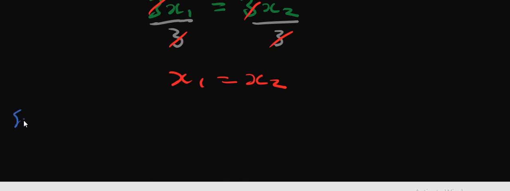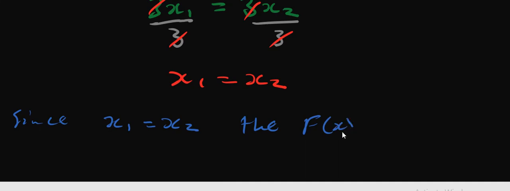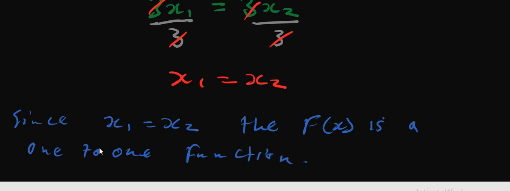So since x1 is equal to x2, the function f of x is a one-to-one function. So this is how easily you can find this. Very simple and very easy.